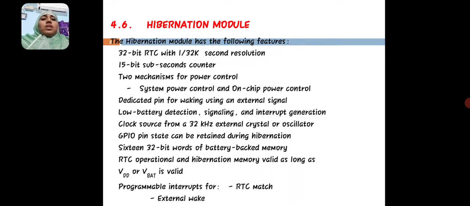So whatever clock is required by the hibernation module, we can give with the help of a crystal oscillator. Dedicated GPIO pin state can be retained during hibernation. There are 16 32-bit words of battery-backed memory, and RTC operation and hibernation memory are valid as long as VDD or VBAT is valid, plus programmable interrupts for RTC match and external wake-up.